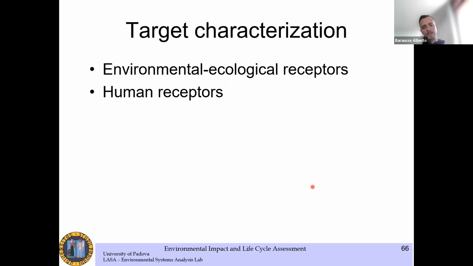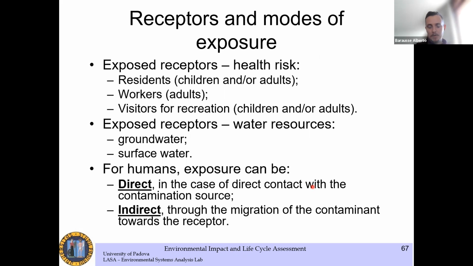So the last thing we need to mention is that in risk assessment, we also characterize targets, of course. Here we're speaking about humans, since we're speaking about health risk assessment. And so you need to decide whether you focus on resident or commuting people, on workers, or on general laymen found in a certain place.